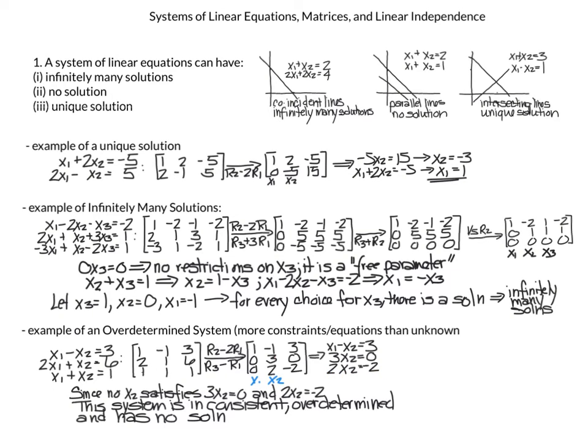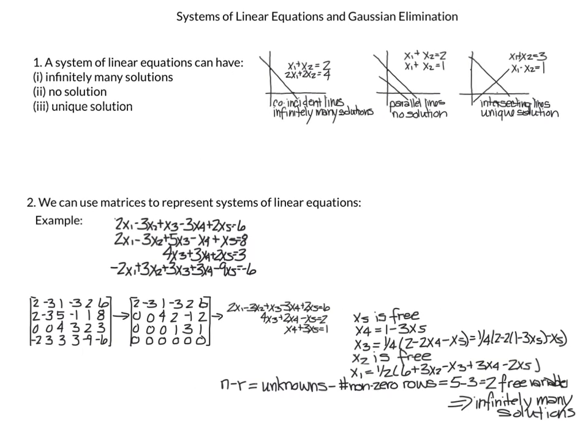But I also have that 3x2 is equal to 0. So there's no value for x2 that will satisfy these 2 conditions. Since no x2 satisfies these 2 conditions, there's no solution to this system. The system is inconsistent, it's overdetermined, and has no solution.